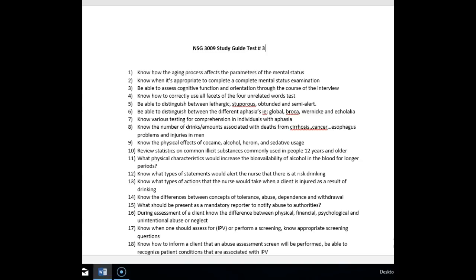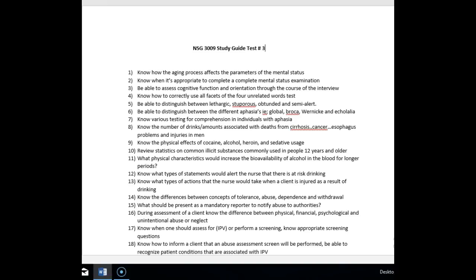Be able to distinguish between aphasias, i.e. global, Broca, Wernicke, and even echolalia. When a person has Wernicke's or receptive aphasia, the person can hear sounds and words, but they cannot relate them to any previous experiences.